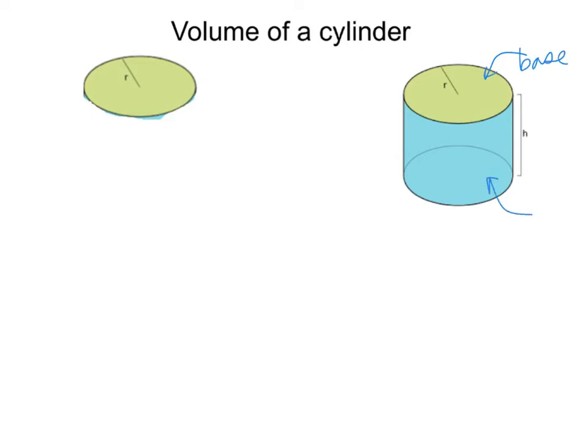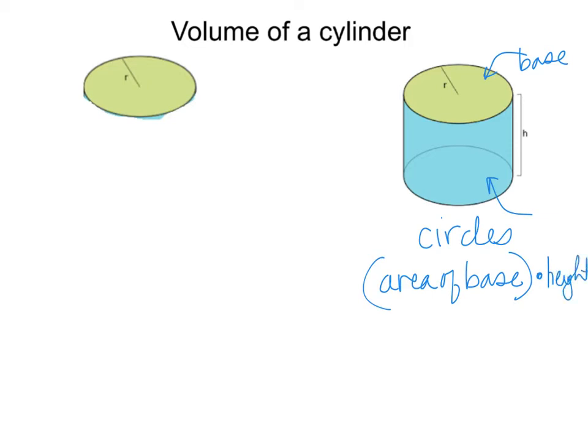They're both circles. We could find the volume of a cylinder if we took the area of the base and multiplied that by the number of bases, or in other words, the height of the cylinder. Okay, simple enough. And that would be equal to the volume.